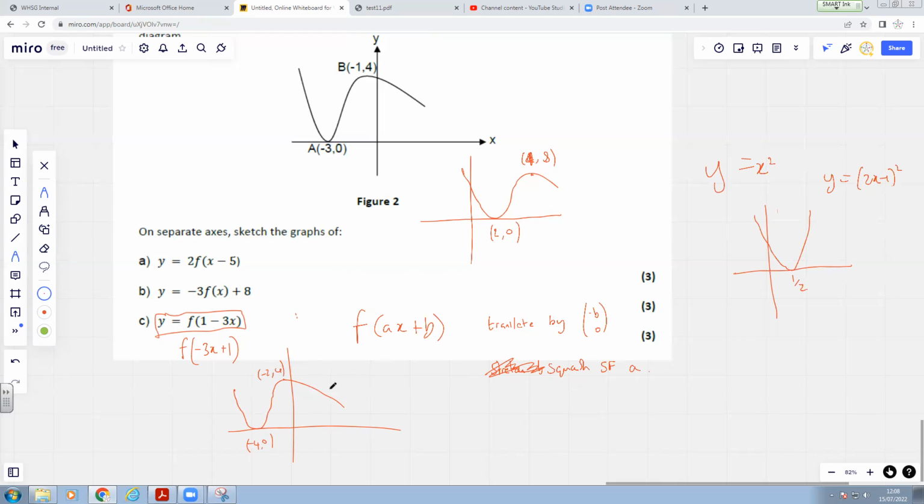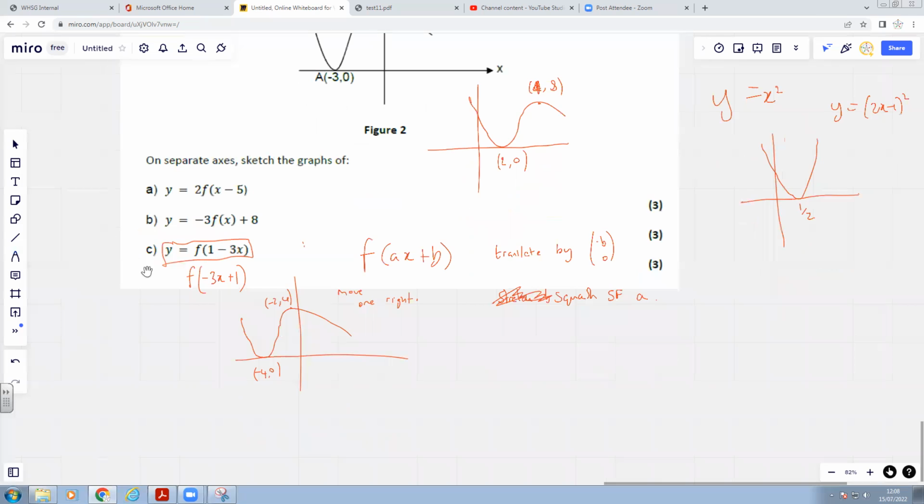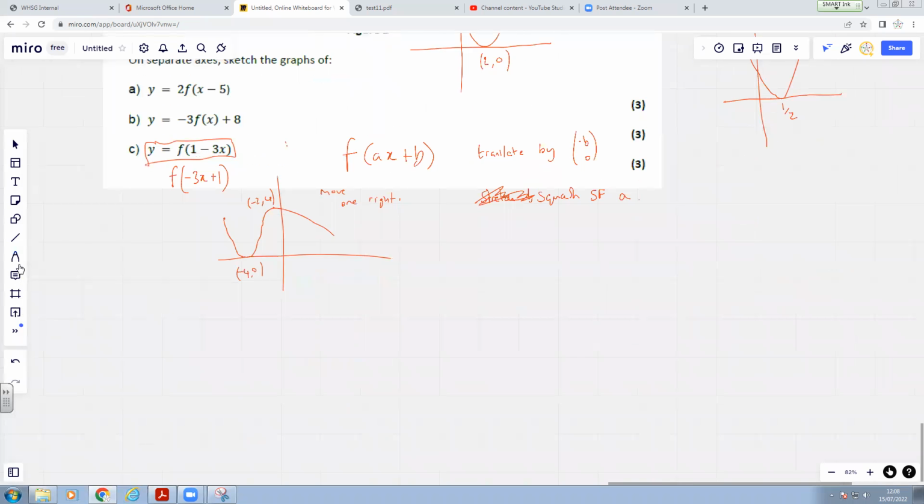And then next, I'm going to squash it, compress it, if you like, scale factor minus 3, which has the effect of dividing all x coordinates by minus 3. Now, what's that going to do? That's going to move it over here.